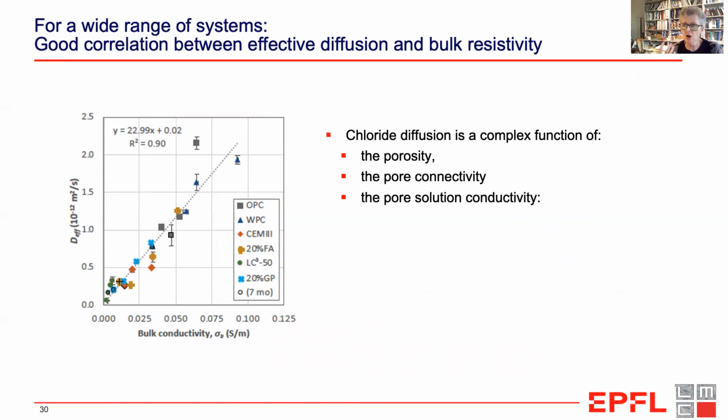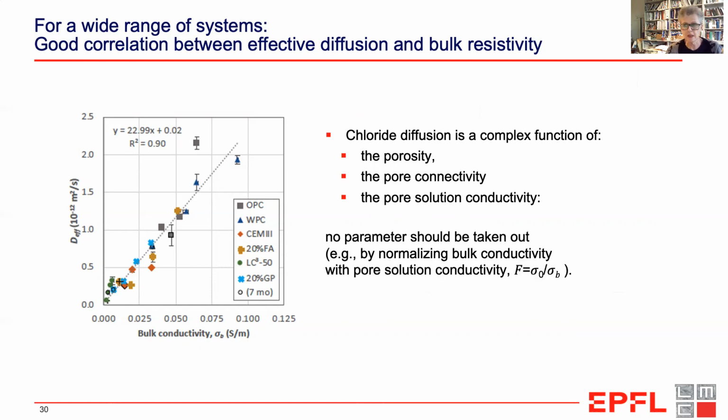So the take-home message of this is that chloride diffusion is actually a complex function, that of course it has some bearing on the porosity. Of course, the pore solution conductivity is important. And there's probably a lot of other things here which we're trying to better understand with our further work.